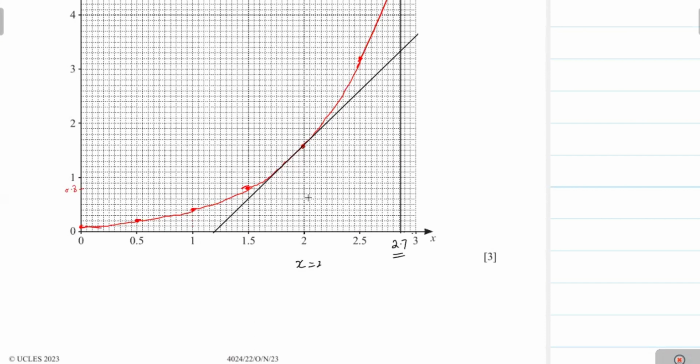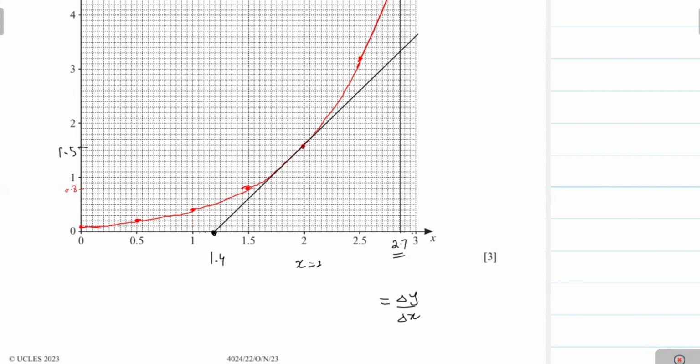We see that the gradient of this tangent line, this is x equal to 2, and the y value here is 1.5. And at this position, x is 1, 2, 3, 4, x equal to 1.4. Now you see here, the height is 1.5. The gradient will be delta y over delta x.